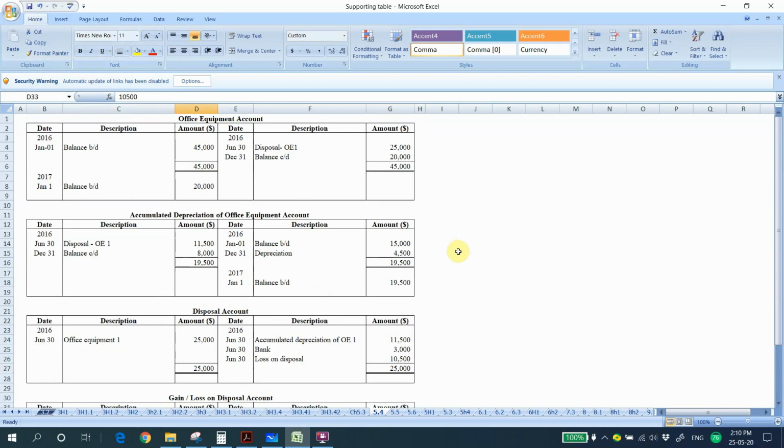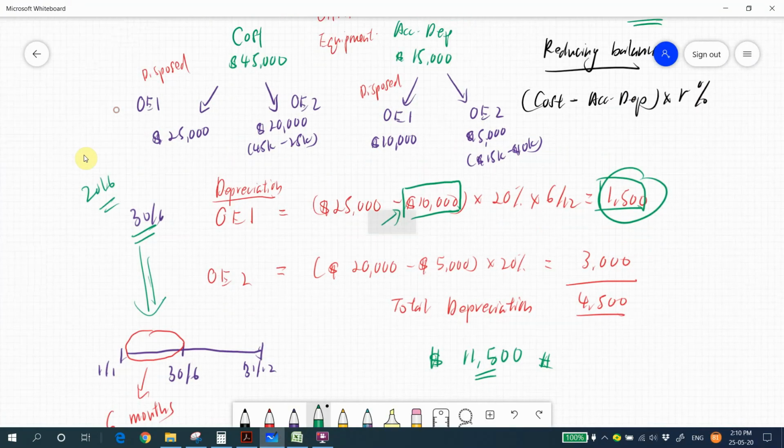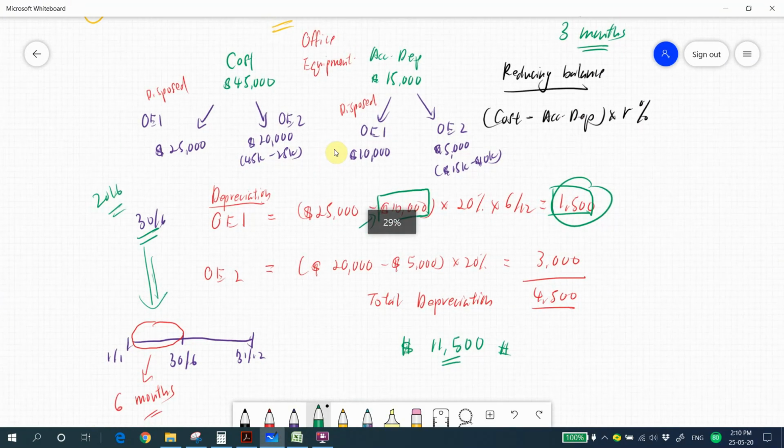So let us do some analysis to check whether our answer in ledger is correct. So we back to the analysis here. So we know that after we sold office equipment 1, in this company we still have what? We still have office equipment 2.